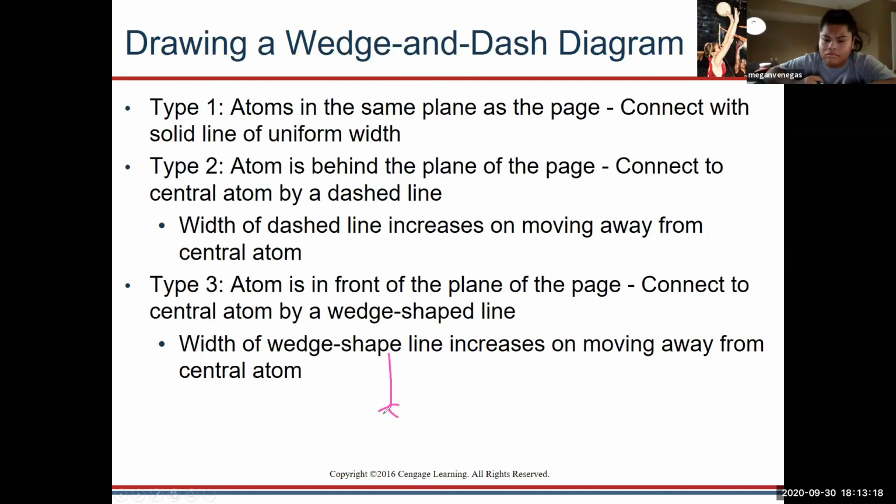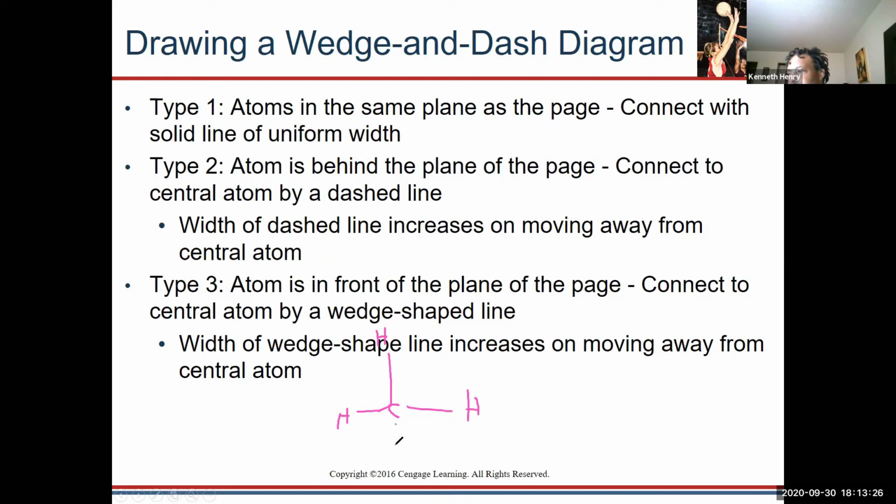Where I have C, H, H, H, and H, that isn't going to be good enough because we can't tell. It looks like a cross, your first instinct saying, oh, I have one up here, one here, and one there, but it's not like that, right? So we are going to use what we call the wedge and dash diagram, okay?